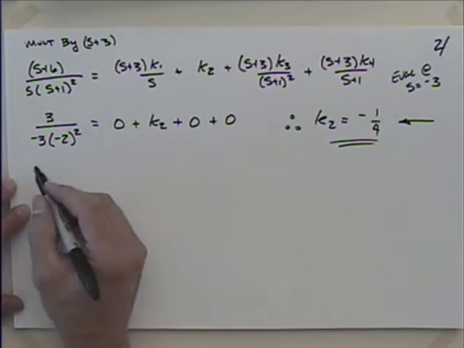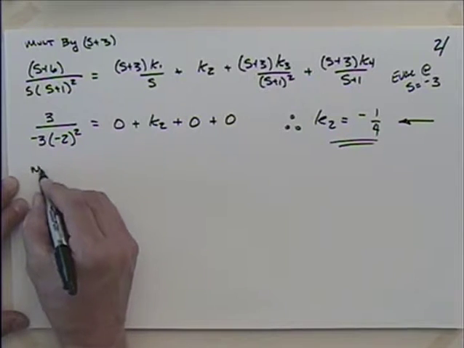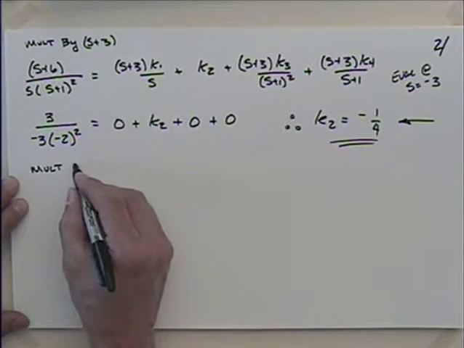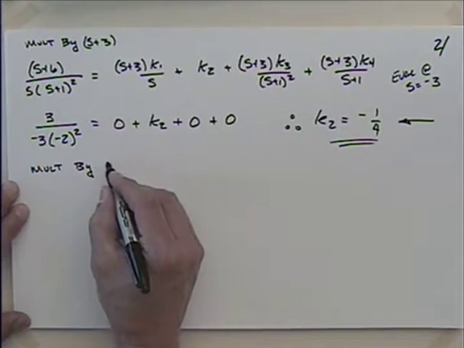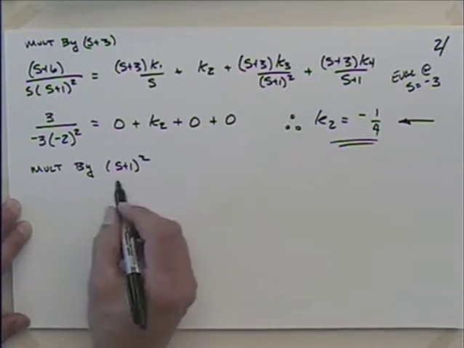Okay, well, that seems to be working well. Looks like it might get a bit tedious before we're done, but we've got kind of a methodology now. So what's our next move? Multiply both sides by what? Yeah, s plus 1 squared, great.